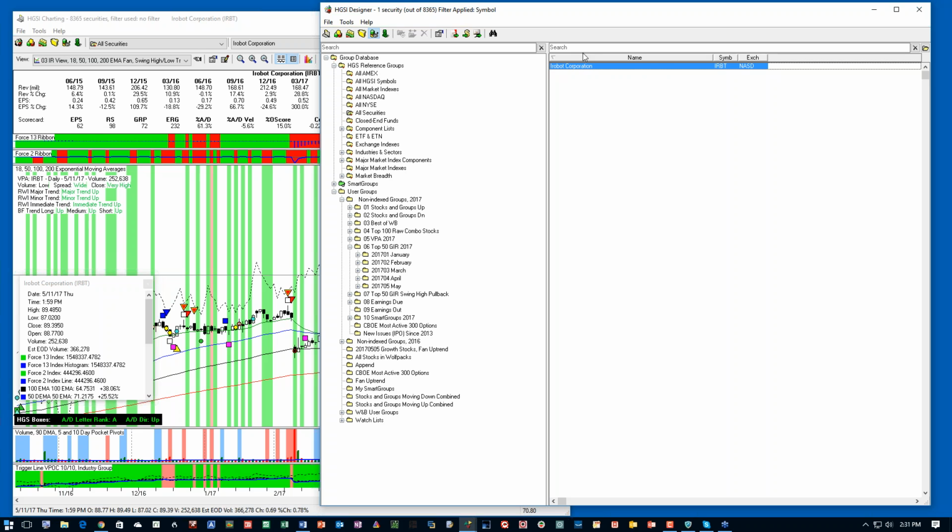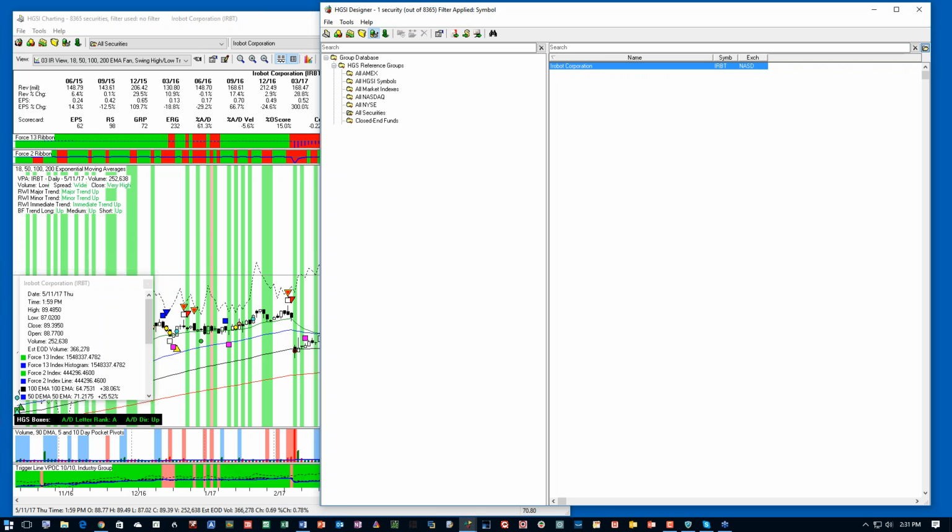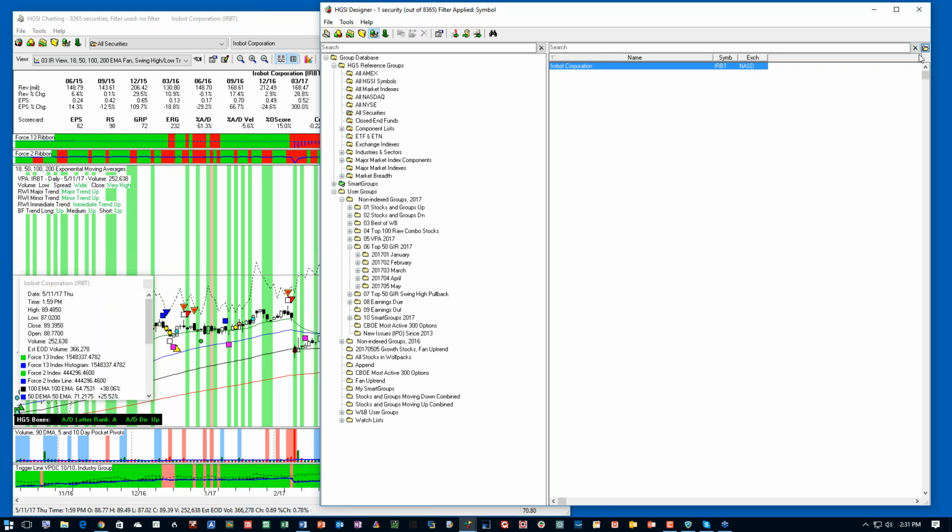Matthew put this in a while back. So IRBT, and I'm just going to click on this folder up here, and the background turns a light blue. Actually, I'm sorry, I have to type the symbol in up here.